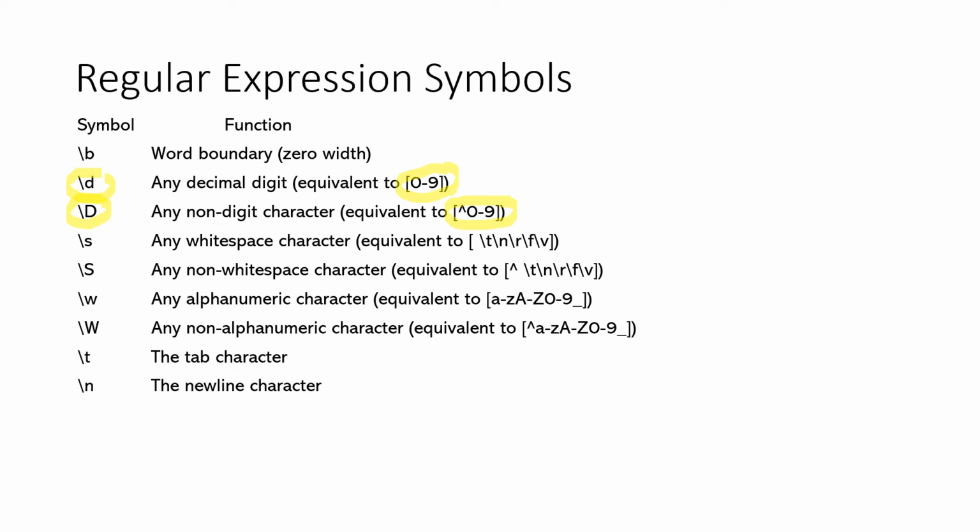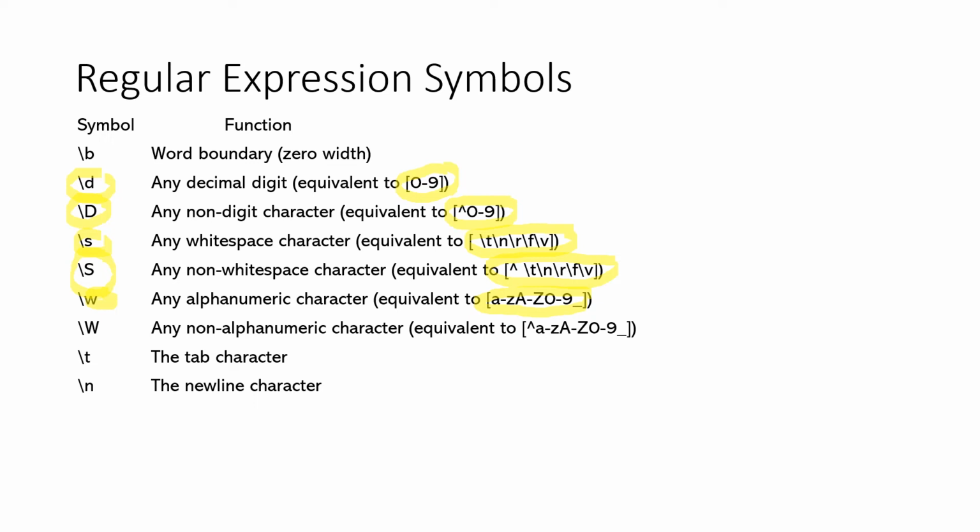Then, for any white space character, which is equivalent to this expression, we write \s. And for any non-white space character, which is this expression, we write \S. Also, for any alphanumeric character, we write \w.